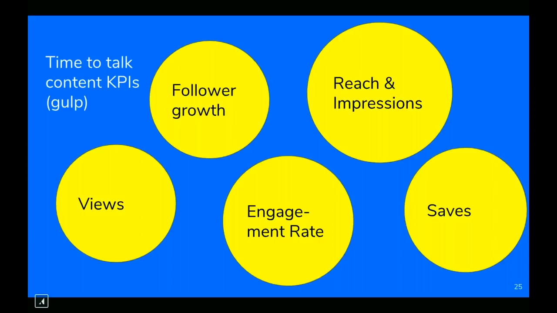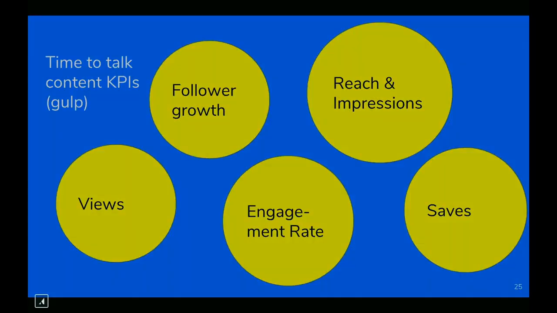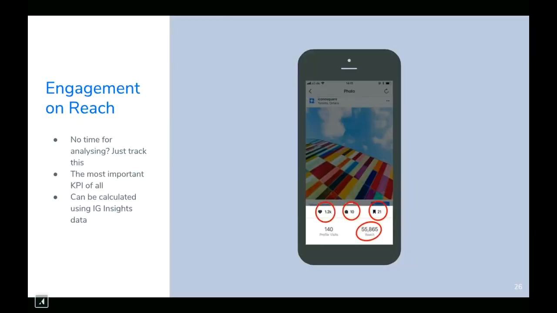So as I'm letting you in on my secrets today, I thought I'd let you in on the magic metric that I always use to determine somebody's account health in seconds. And that is engagement on reach. You may have heard that engagement rate is the most important metric, and that definitely used to be true, but engagement rate, which divides likes, comments, and saves on your post by the amount of followers that you had at the time, only tells you how many people engage with your content out of the number of followers that you have.